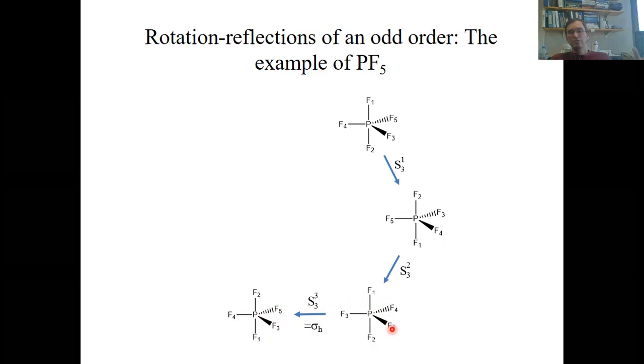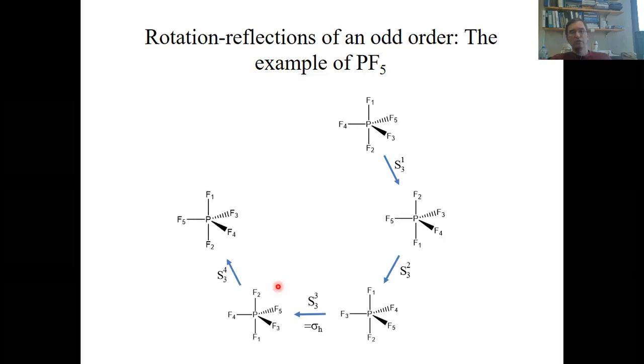So now you see that this is the same as just reflecting at the horizontal mirror plane. As we go directly from here to here, we see that F5 is in its correct position, F3 is in the same position, F4 is in the same position, but F1 and F2 are being swapped. So it's the same as carrying out a sigma H. So we must further rotate reflect in order to go back to our original molecule.